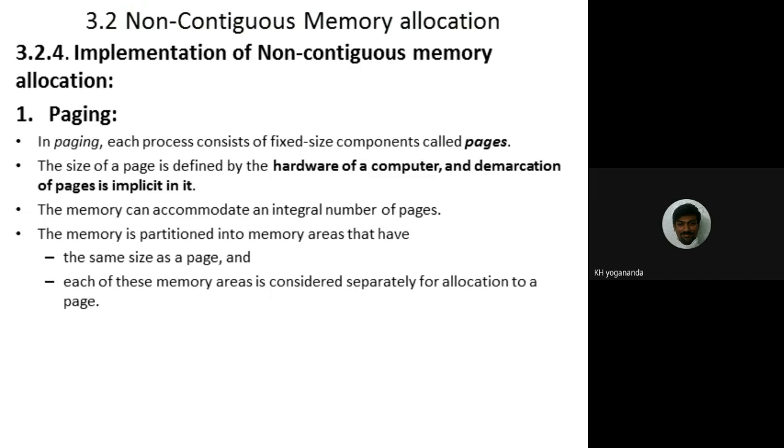The size of a page is determined by the hardware of a computer, with implicit demarcation of pages, and partitioning of the memory. Now coming to the actual concept, the partition of the memory area is done according to the pages, where each page has the same size, and each of these partitioned memory areas is considered separately for allocation of a page.